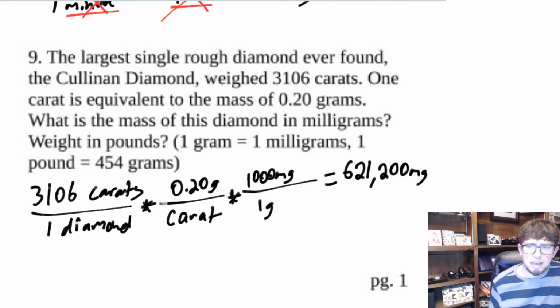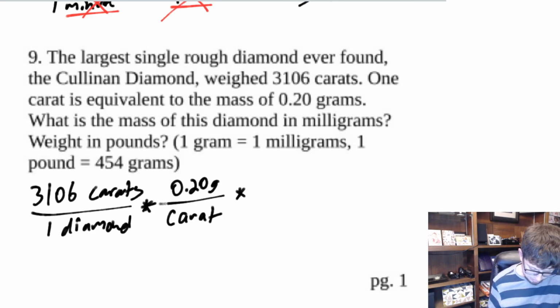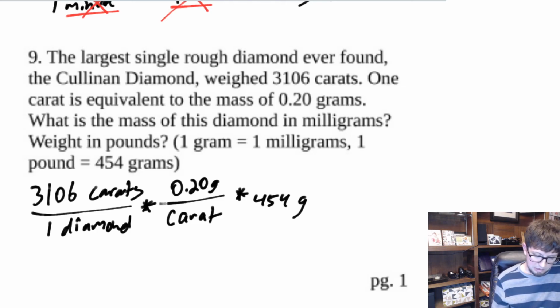And if you wanted to do that in terms of pounds, well, 1 pound is 454 grams. So I think I would back it up to here and write 454 grams on the bottom and 1 pound on the top.